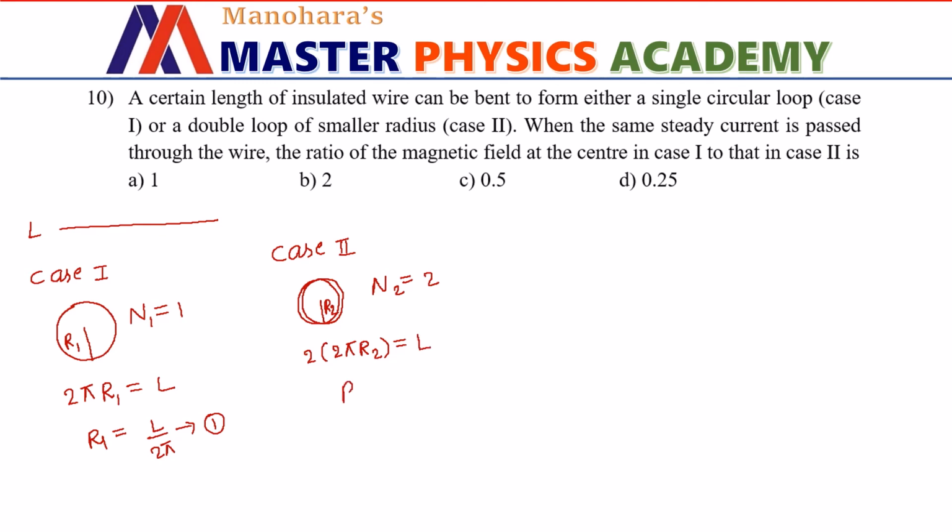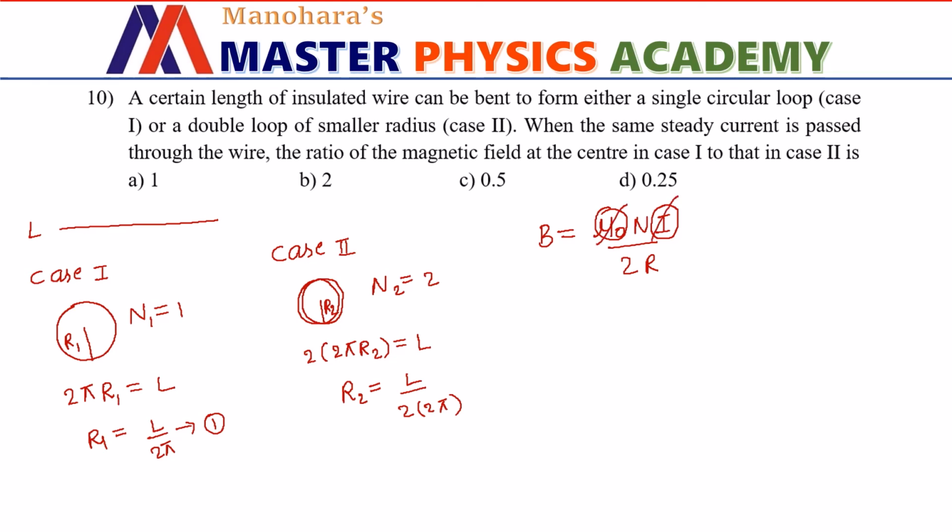Solving for radius, we will get R2 equal to L divided by 2 times 2 pi. Now the magnetic field at the center of a current carrying circular loop is given by the formula mu naught N I divided by 2R, where mu naught is the permeability of free space and I is the current through the circular loop. Both are mentioned as the same in both the cases.